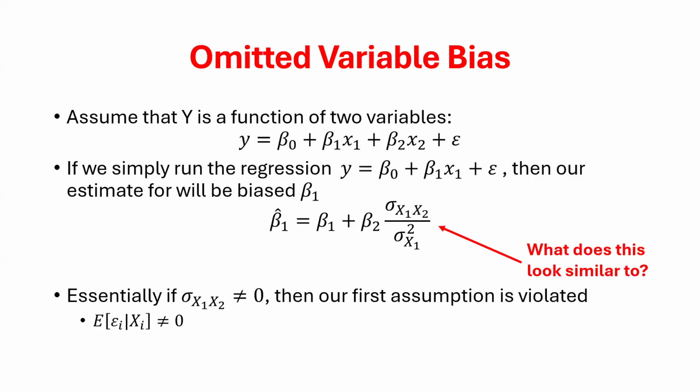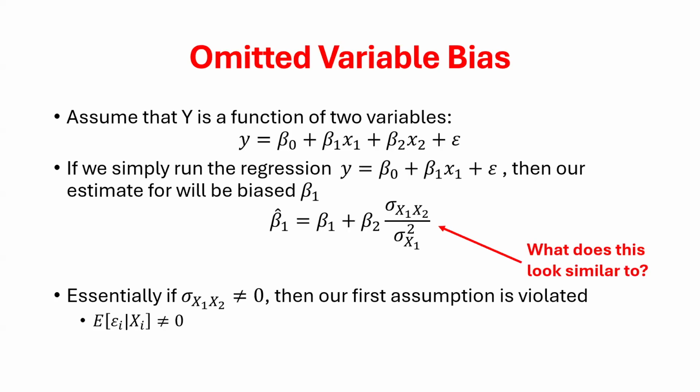But if I had included SAT scores, right? What would the bias be that's caused here? So the bias would have been the effect of SAT scores, or beta 2, on GPAs, multiplied by the covariance between the variable I included and the variable I omitted.